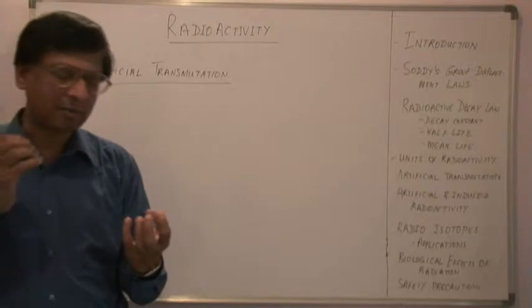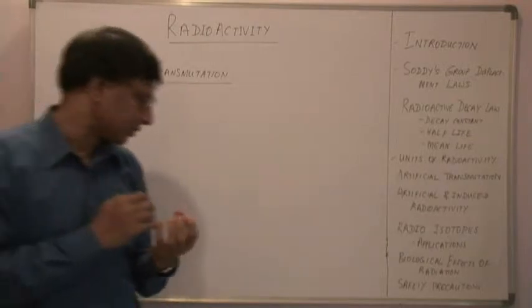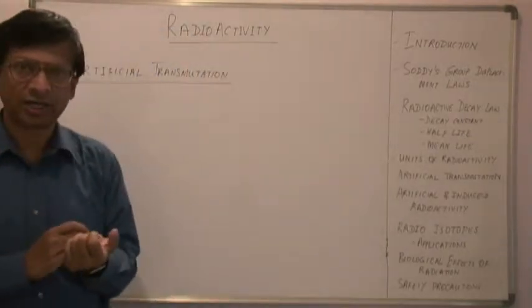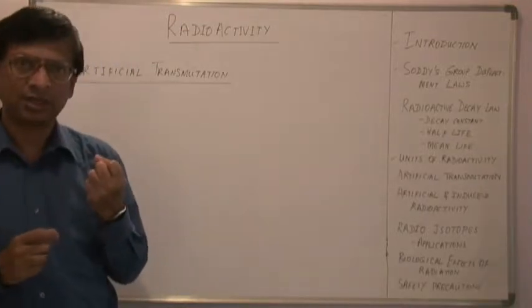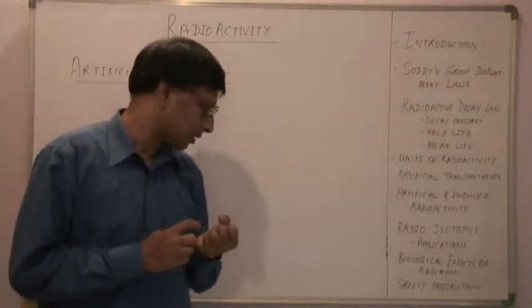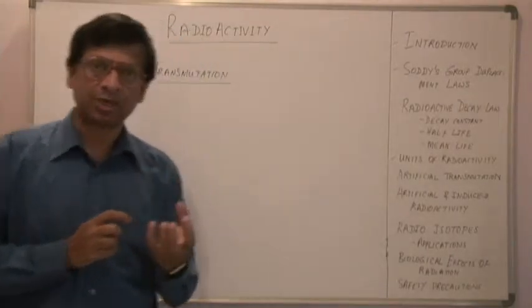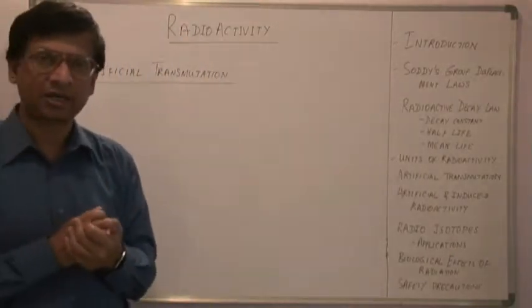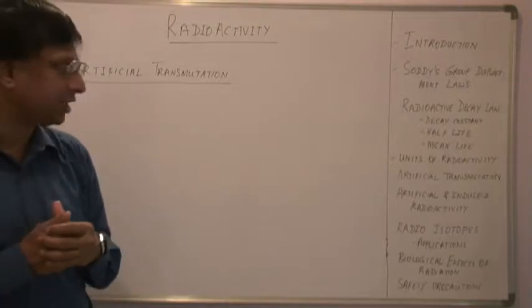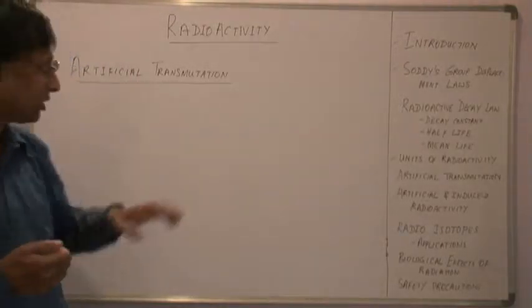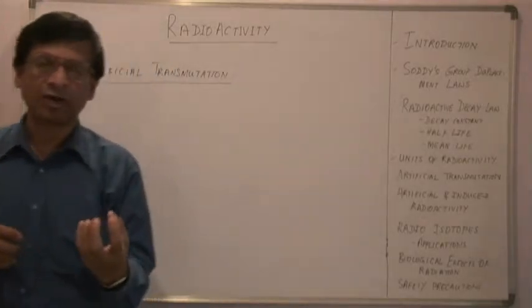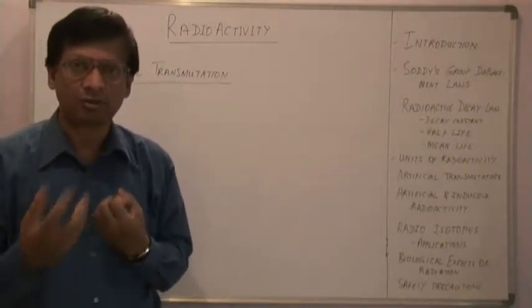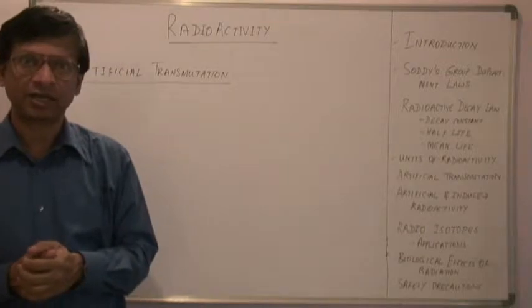For example, when alpha particles are made to hit a nitrogen nucleus, the nitrogen nucleus absorbs the impinging alpha particle, undergoes change, and turns into oxygen. Effectively, in artificial transmutation, the nucleus of one element gets transformed into the nucleus of another element.